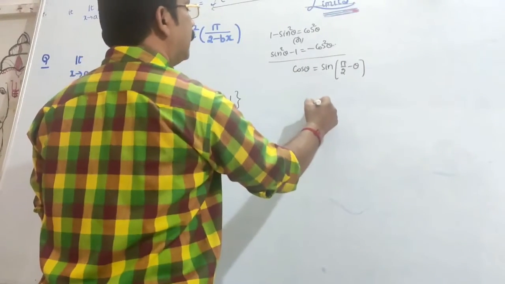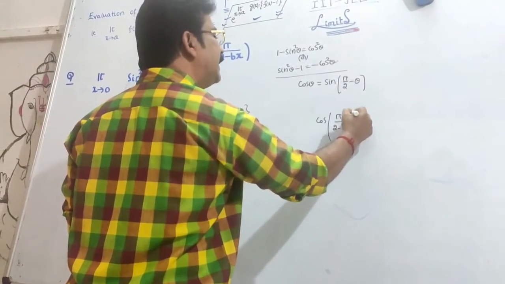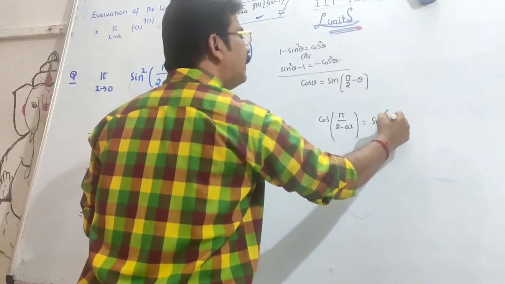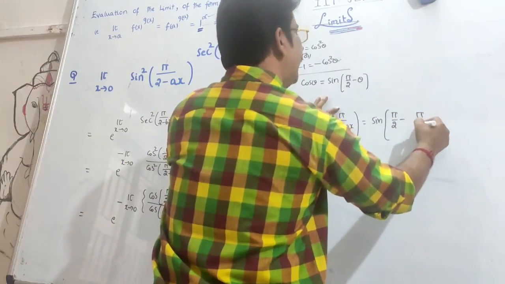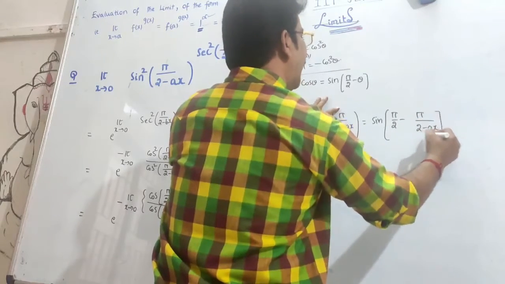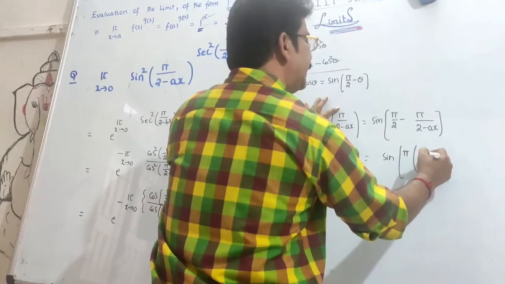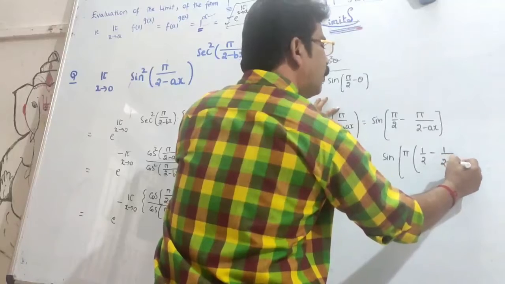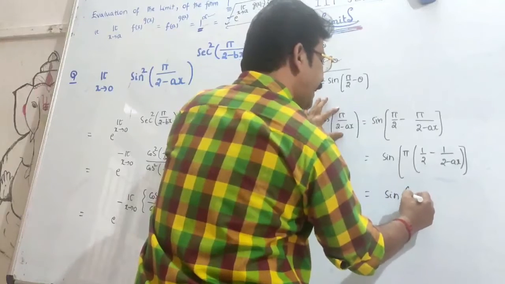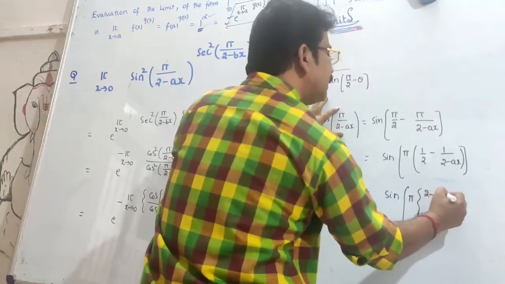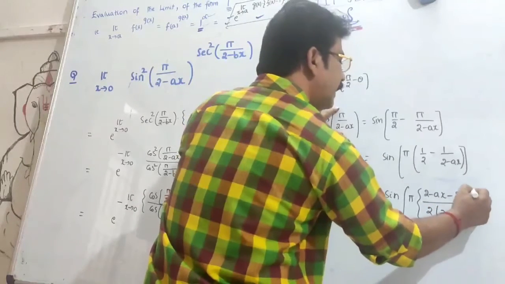Cos theta. Cos theta means cos of pi by 2 minus ax can be sin of 90 minus theta. Theta means it is pi by 2 minus ax, that is equal to sin of pi into 1 by 2 minus 1 by 2 minus ax, that is equal to sin of pi into LCM 2 minus ax minus 2 divided by 2 into 2 minus ax.